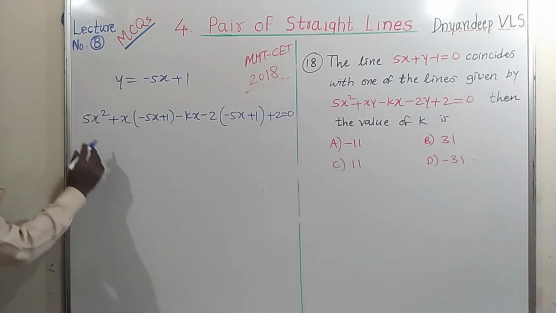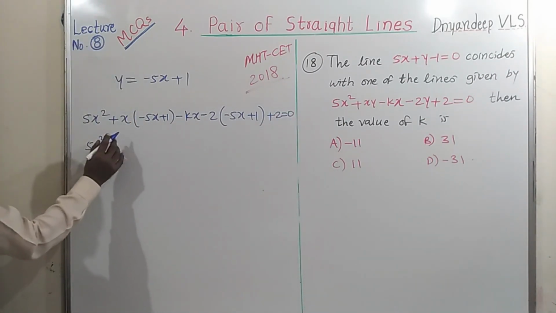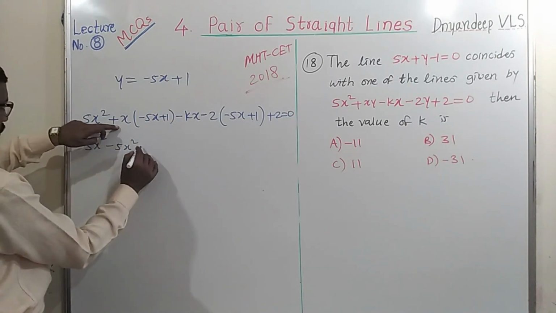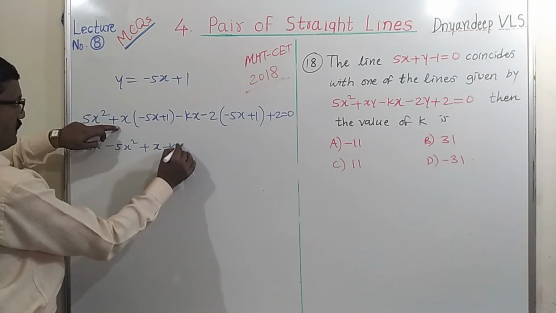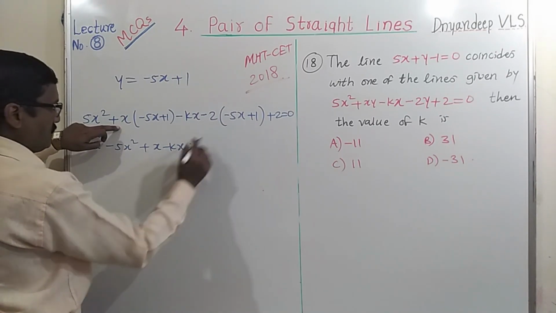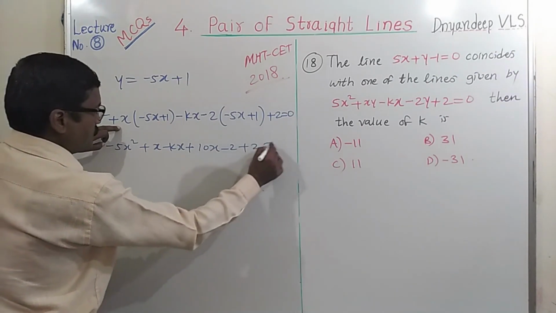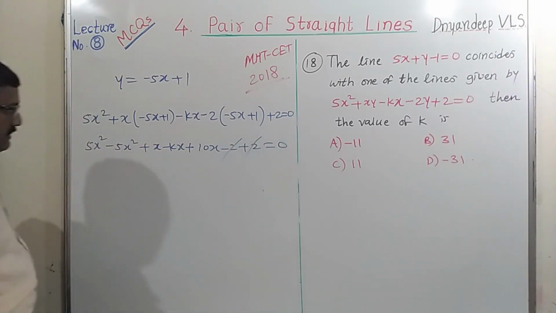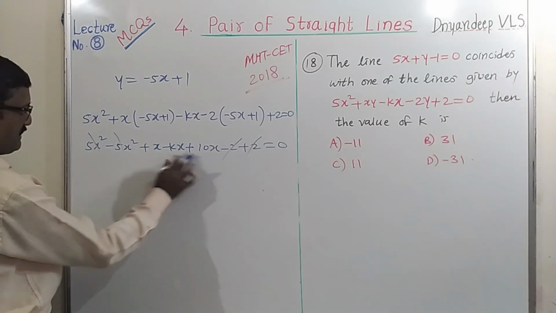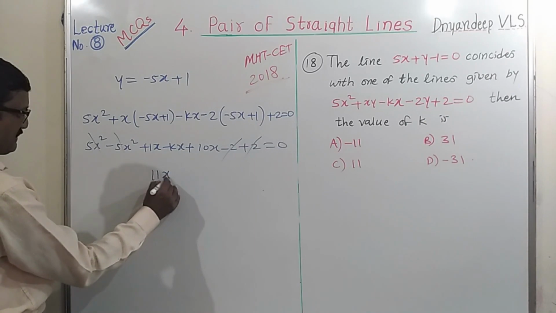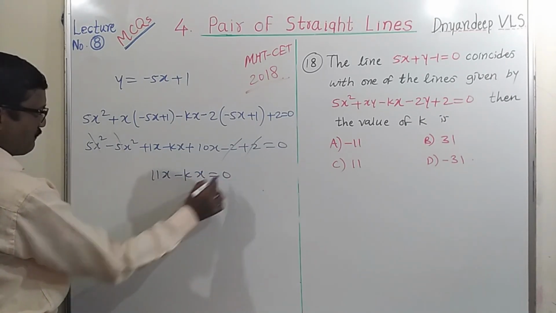Just simplify this. This will give us 5x square, this is minus 5x square, this is plus x minus kx plus 10x minus 2 plus 2 equal to 0. Here minus 2 plus 2 will cancel. Also 5x square minus 5x square will cancel. Remains x, that is 1x, plus 10x, that is 11x minus kx equal to 0.